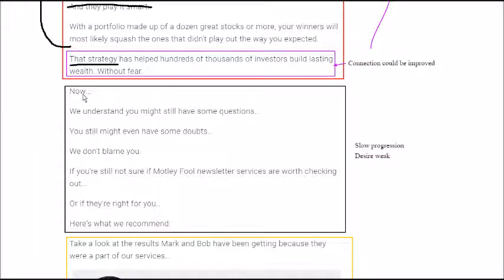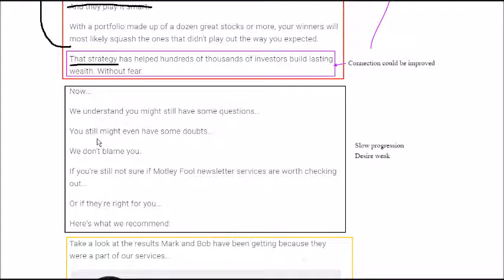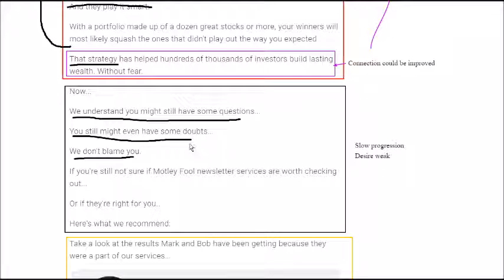Next, tell me if I'm wrong here, but this can all, even this can all, be summed up into one sentence. Because this is just trying to add belief by relating: we understand you, we know you, right?